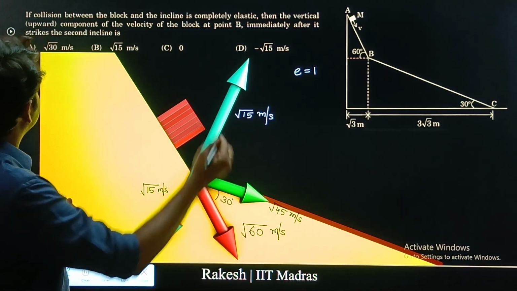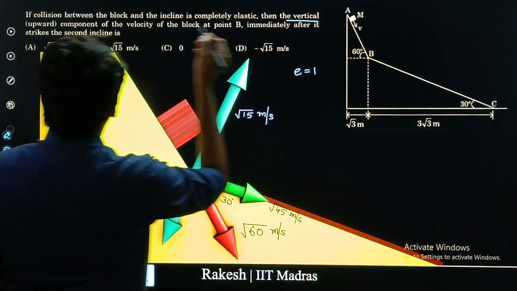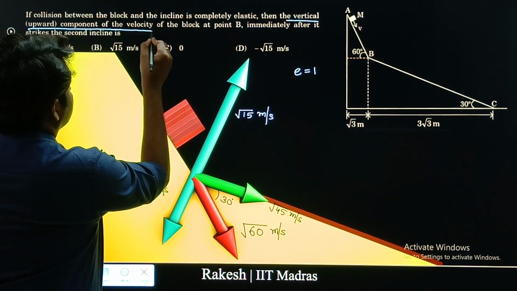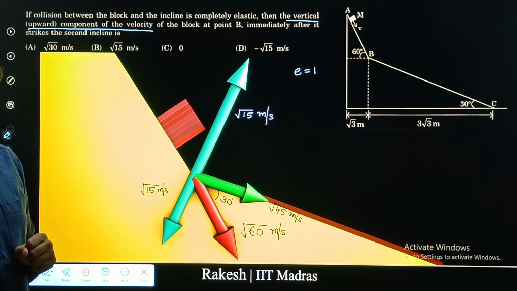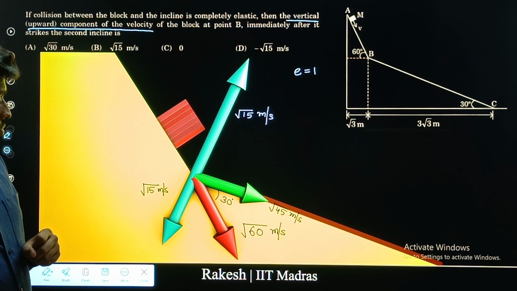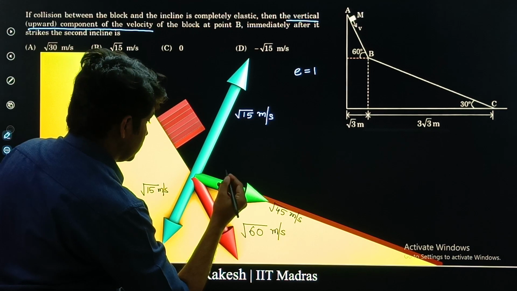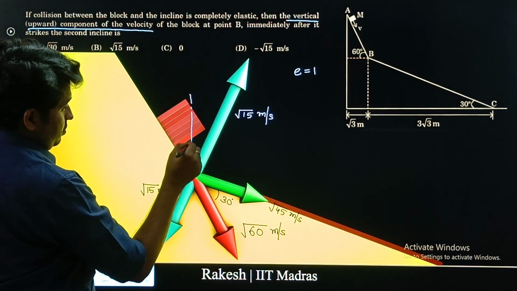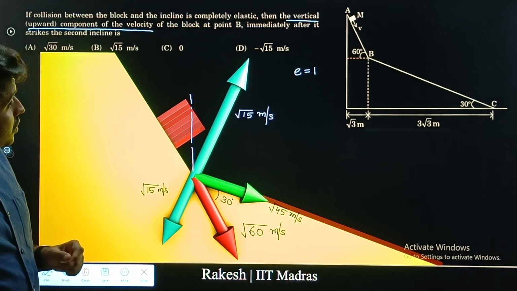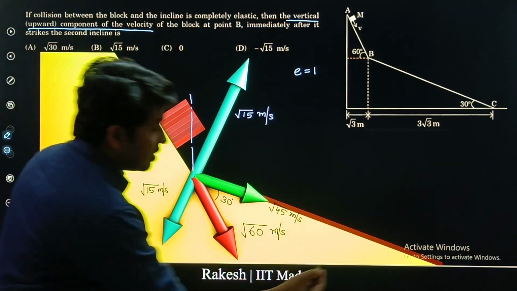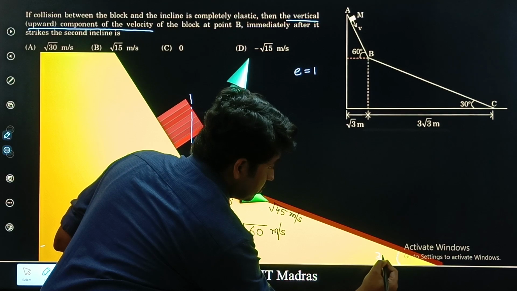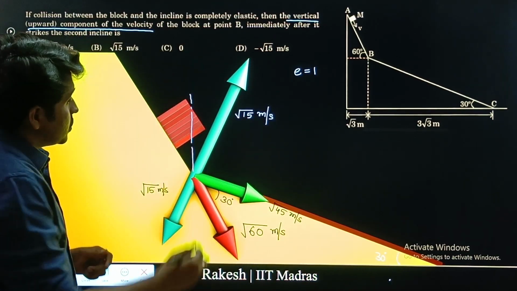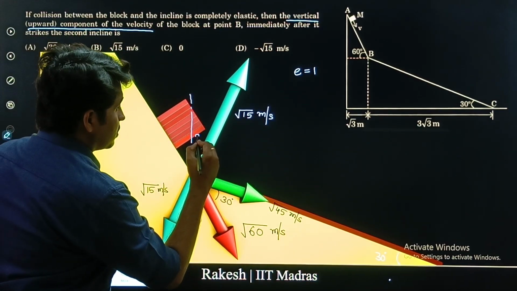Now, what is he asking? He's asking the vertical upward component of the velocity. Okay. So what is the vertical upward component? Let us just write down this. Okay. So if this angle is 30 degrees here, okay, so this angle also will be 30 degrees.